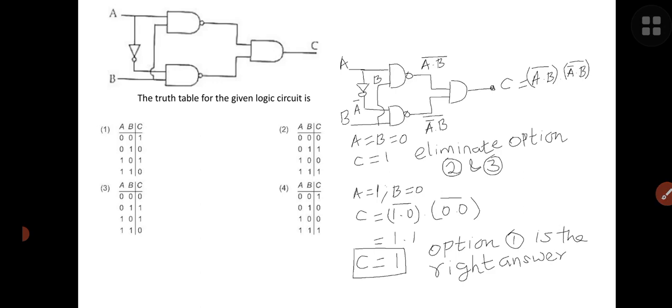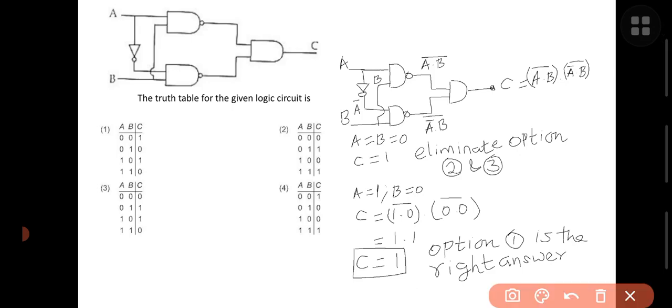Now, here is the logic circuit. The truth table for the given logic circuit is, before moving on to the options, let us derive the equation.